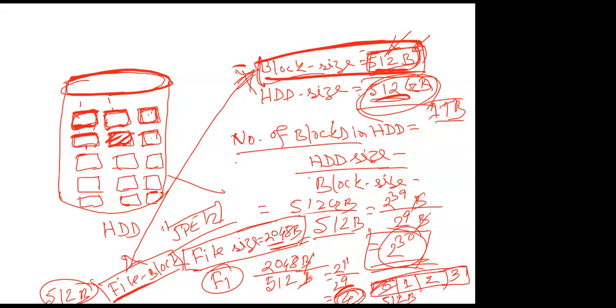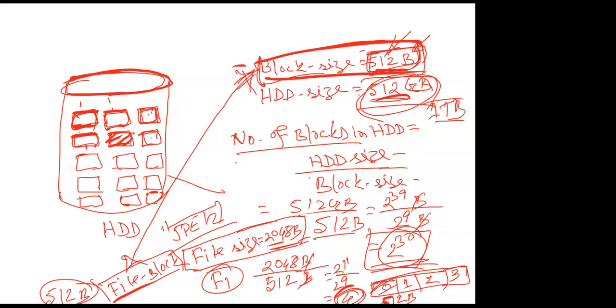So there are 2 types of file allocation methods. You also know about memory allocation methods; the file allocation methods are the same. There are 2 types of file allocation methods.